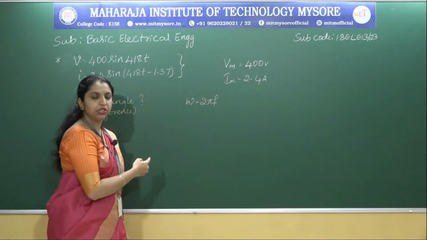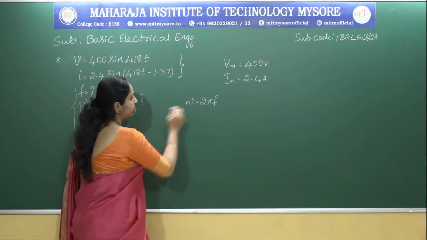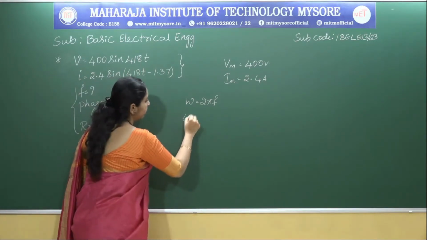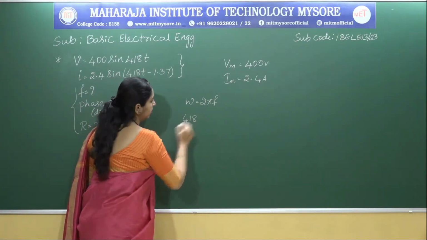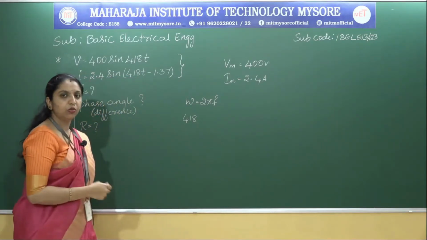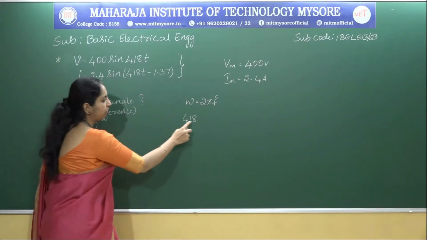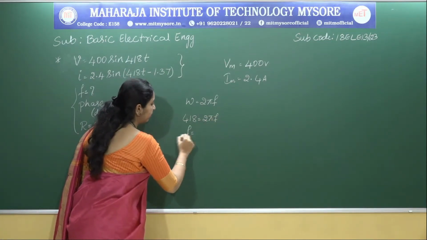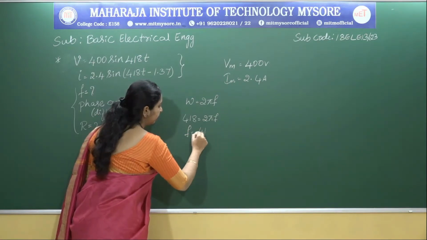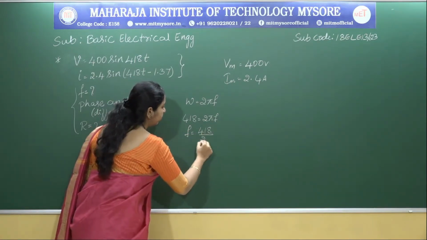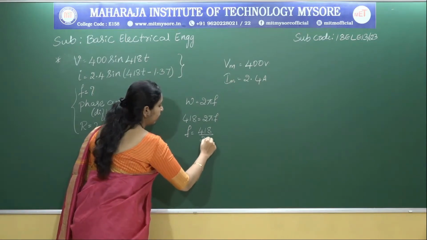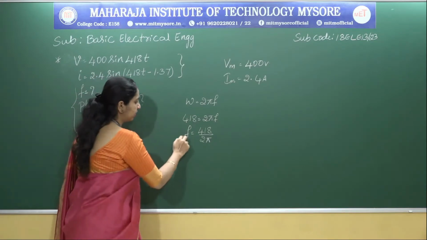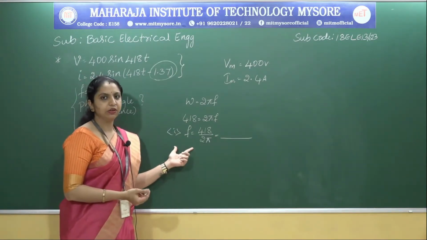Here omega is 418, so 418 equals 2 pi f, and we can calculate f as 418 divided by 2 pi. We have already calculated frequency this way in the previous problems.